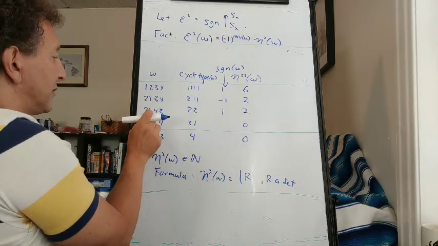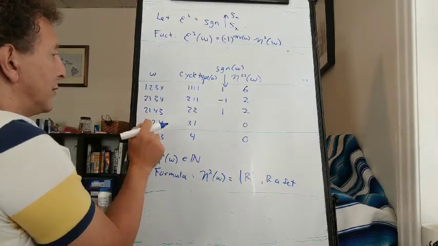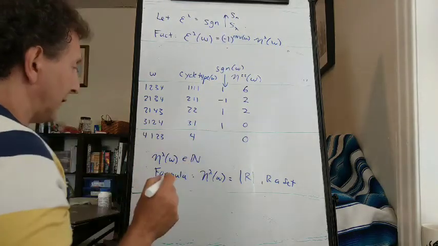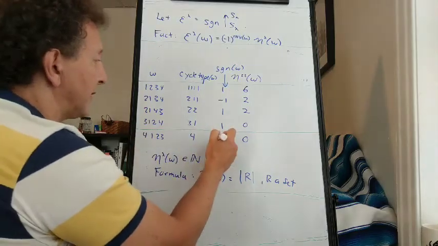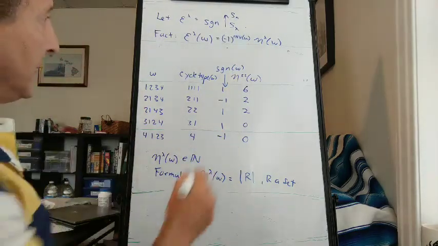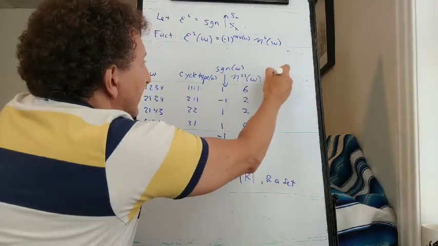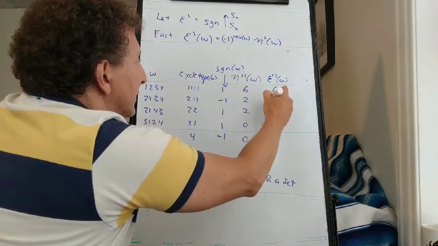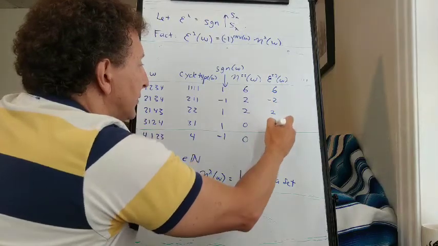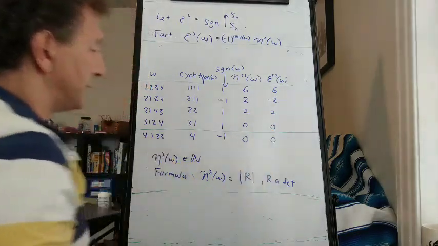This permutation has 2 inversions, so that sign is 1. And this permutation has 3 inversions, so that sign is -1. So eta 2,2 of W is 6, -2, +2, 0, 0.